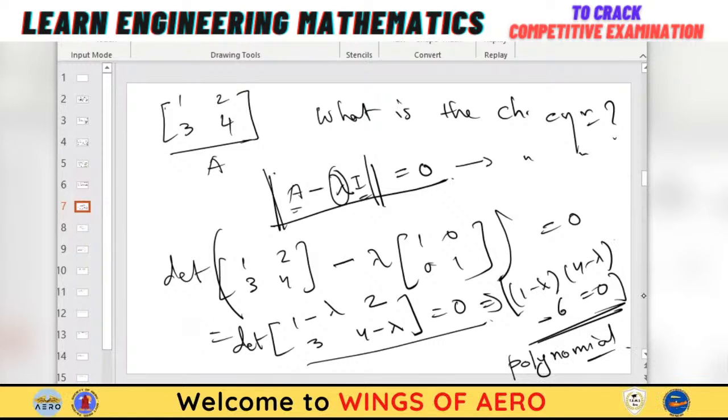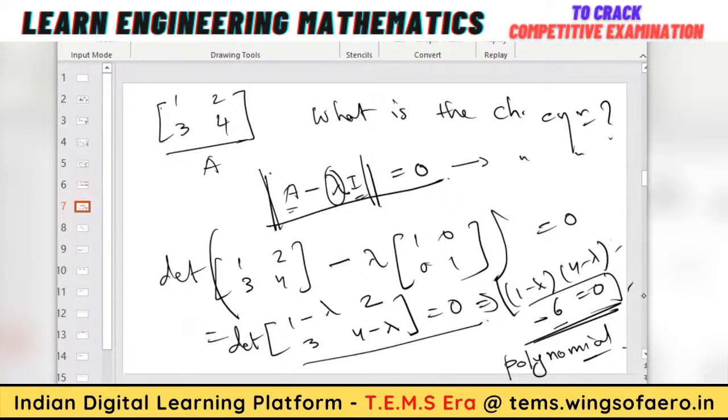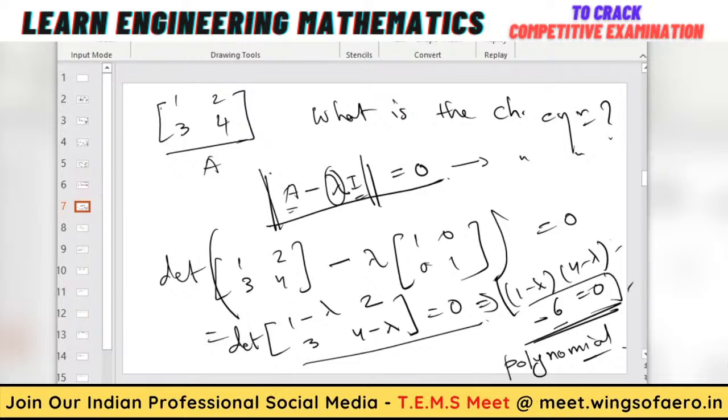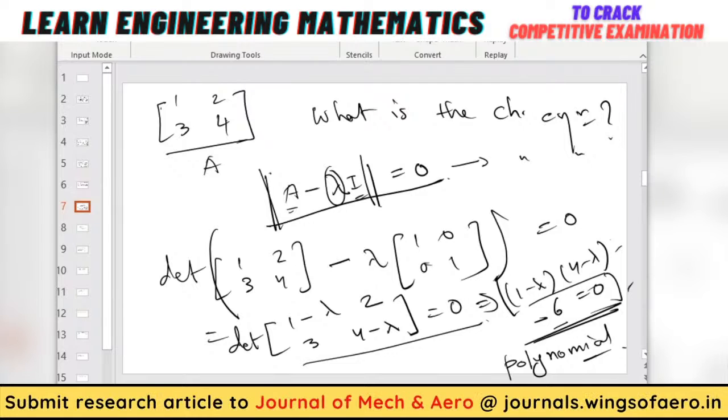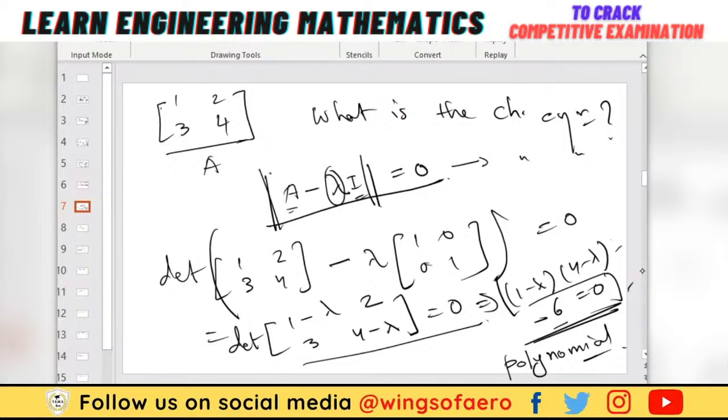After simplifying you get a lambda squared, second degree polynomial equation. Similarly, for a 3 cross 3 matrix, it is lambda cubed.